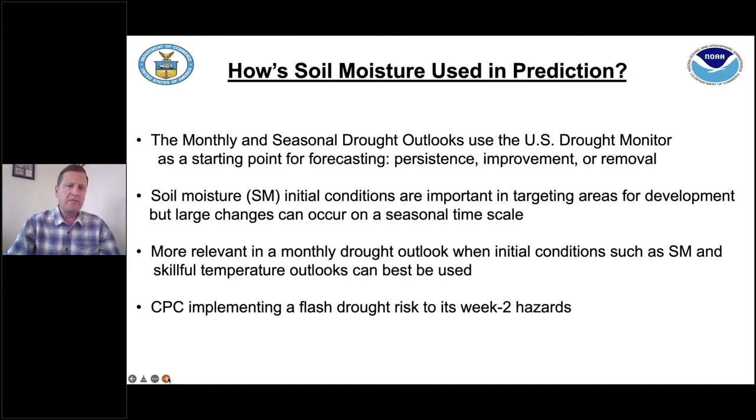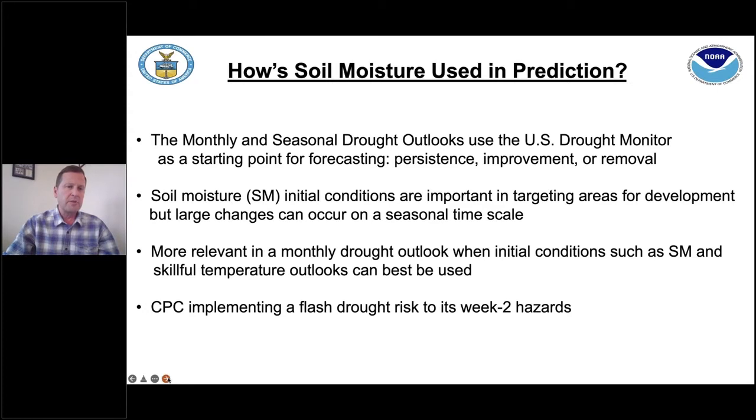So the monthly and seasonal drought outlooks use the US Drought Monitor as a starting point for forecasting persistence, improvement, or removal. And soil moisture initial conditions are very important in targeting areas for development, but large changes can certainly occur on a seasonal timescale.